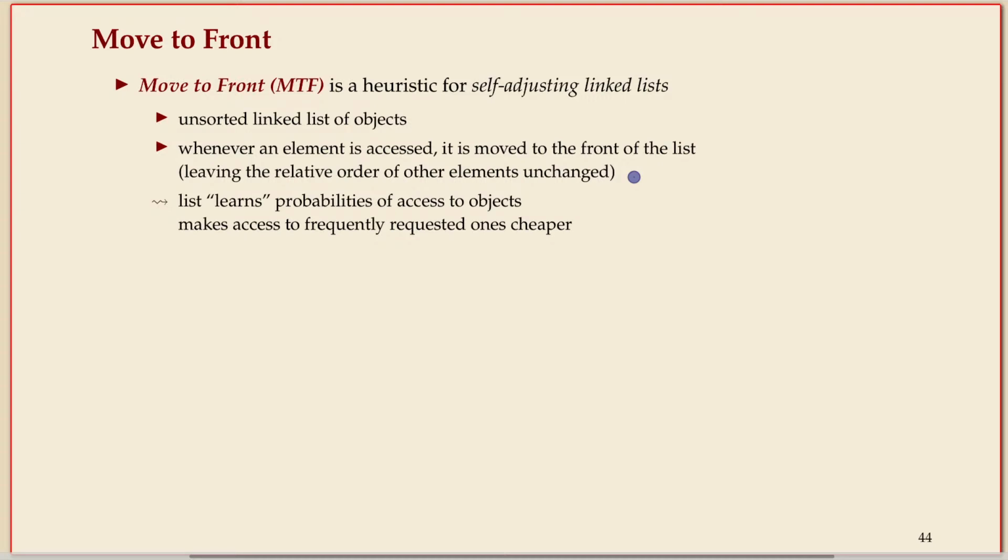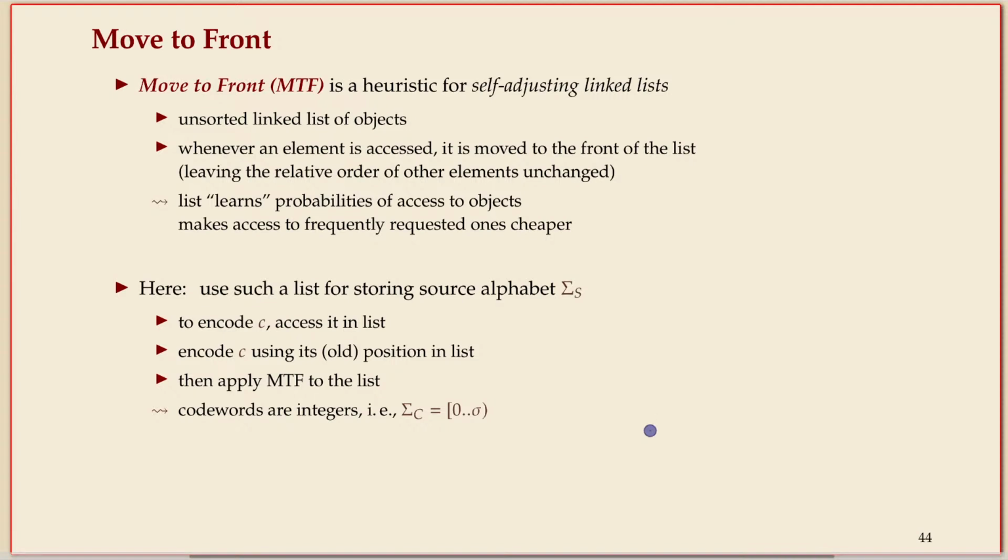What does all of that have to do with compression? So let's come back to text. The idea that people had was, let's apply that to our source alphabet. So we throw our source alphabet in a linked list, and we apply this move to front rule. Whenever we encode a single letter, we find it in the list. We represent it by the index in the list that it had, but then we move it to the front.